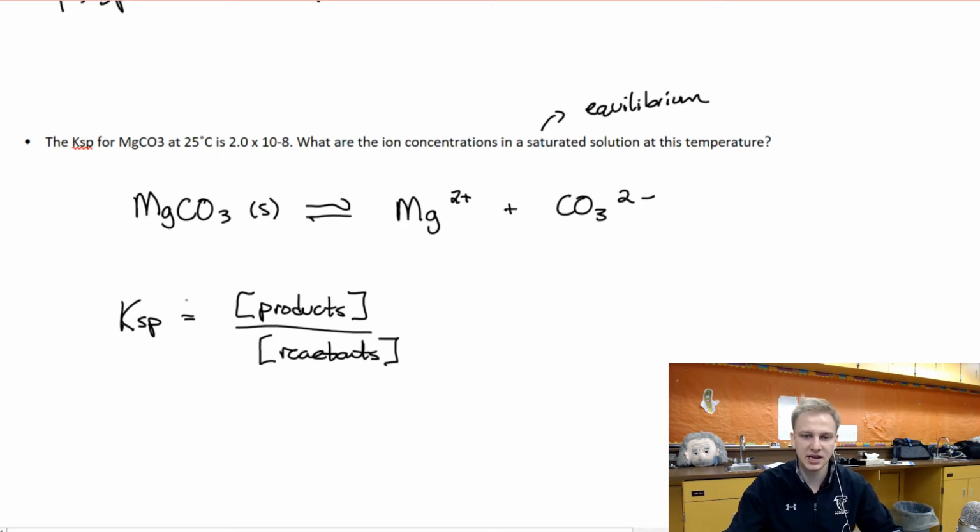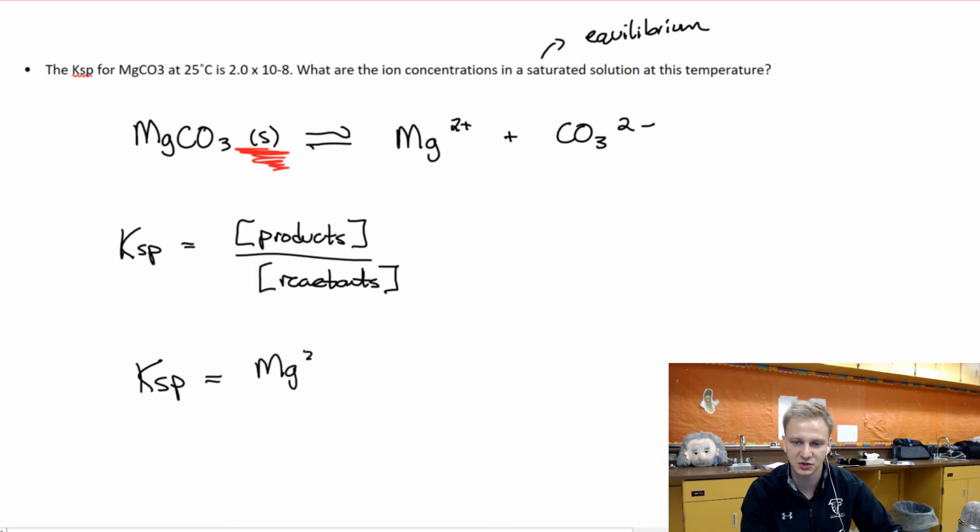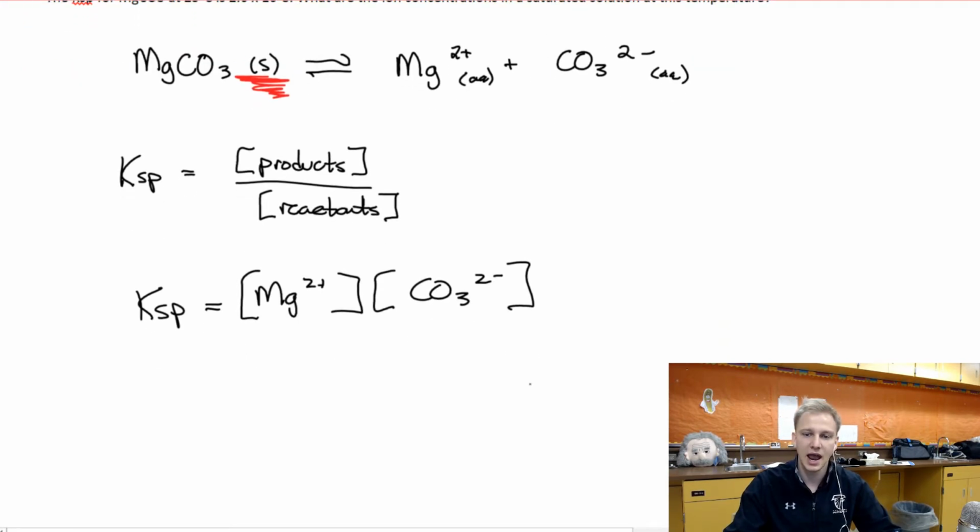But with KSP, one of the beauty things is, remember, we don't include solids in any constant expression, and we will always have a solid on the left side as our reactant. So the KSP equation will be Mg2+, which is aqueous, and CO3 2-, which is also aqueous. We don't have any reactants to include because MgCO3 is a solid, so this is basically over 1.